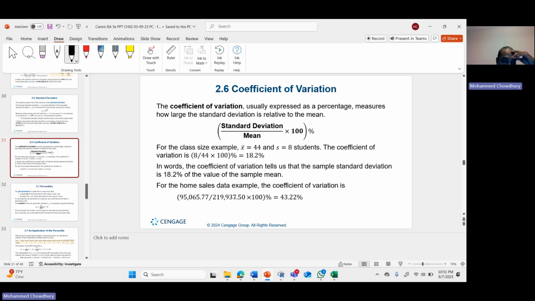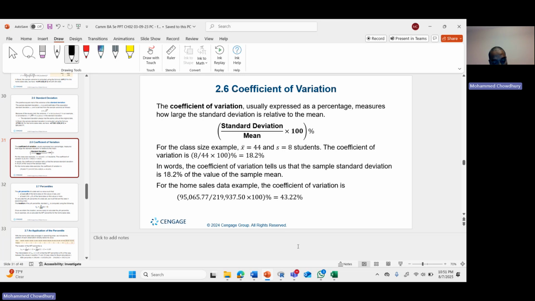Now coefficient of variation. Coefficient of variation is nothing but the percentage expression of the standard deviation with respect to the mean. The coefficient of variation is usually expressed as a percentage and measures how large the standard deviation is relative to the mean.